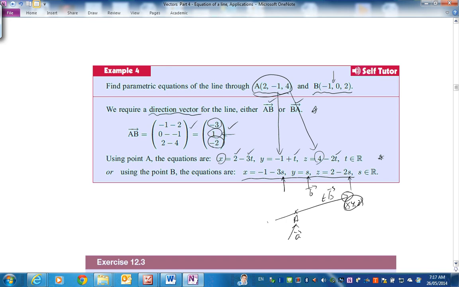But if you start down here somewhere with B, you travel out to B, and now can you see that to get to the same point you'll have different multiples, or different amounts, of the direction vector, so we call that s. Okay, so that's the idea.